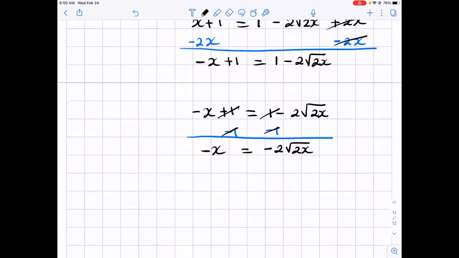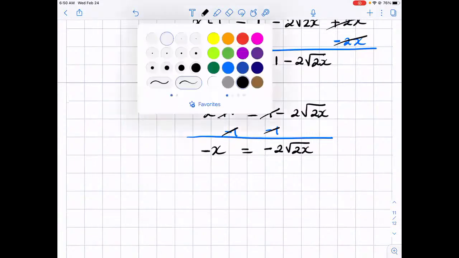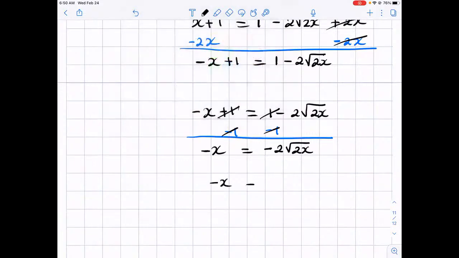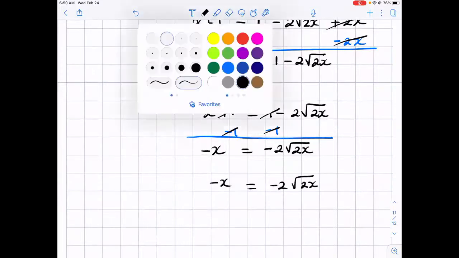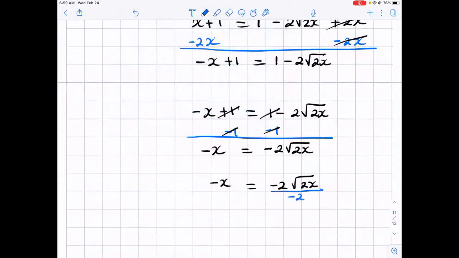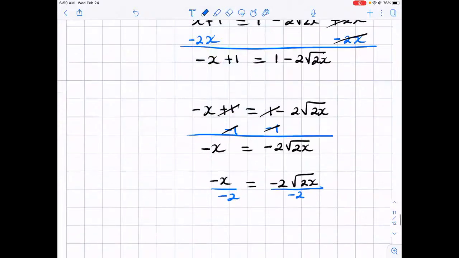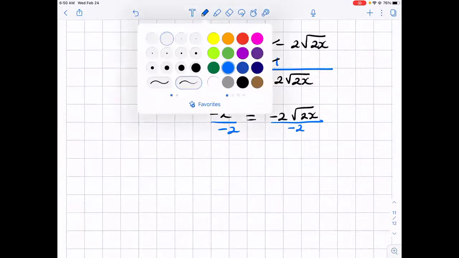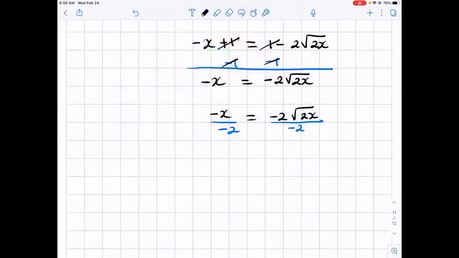So by doing this, we have minus x, and we can divide both sides by negative 2. So we're left with the negative and the negative cancels out. So we have x over 2 is equal to, this becomes 1 positive. So we're left with the root of 2x.